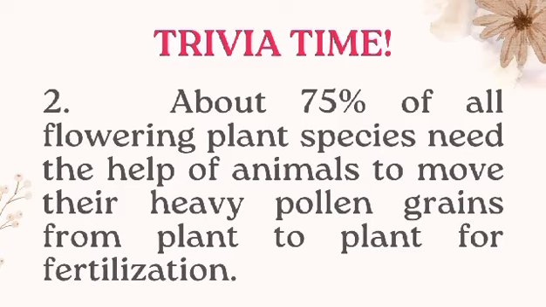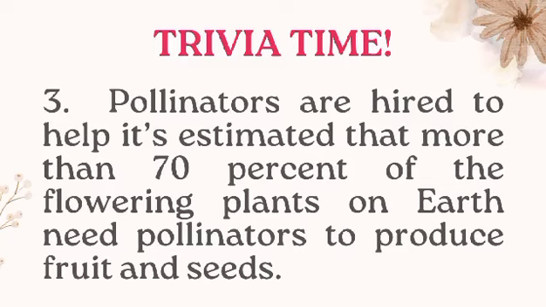About 75% of all flowering plant species need the help of animals to move their heavy pollen grains from plant to plant for fertilization. And lastly, number 3. Pollinators are hired to help. It's estimated that more than 70% of the flowering plants on Earth need pollinators to produce fruit and seeds.